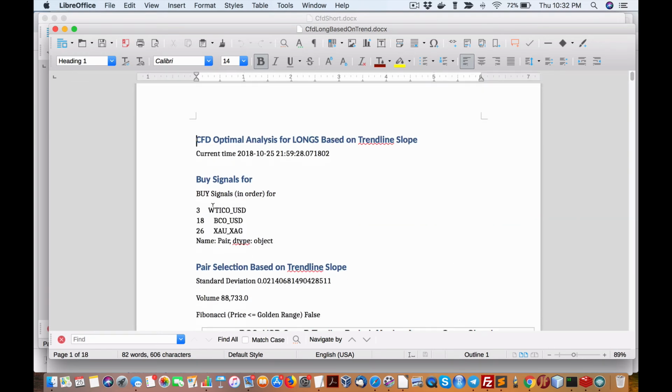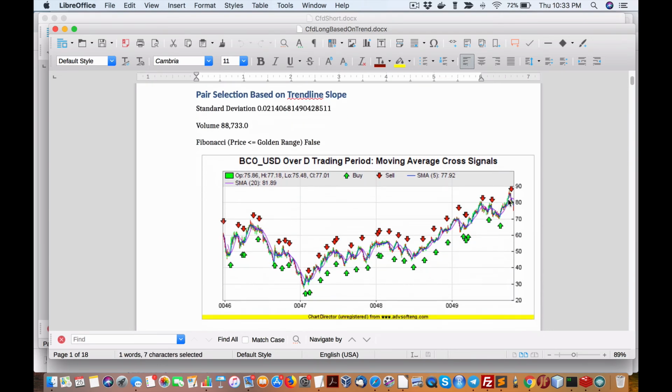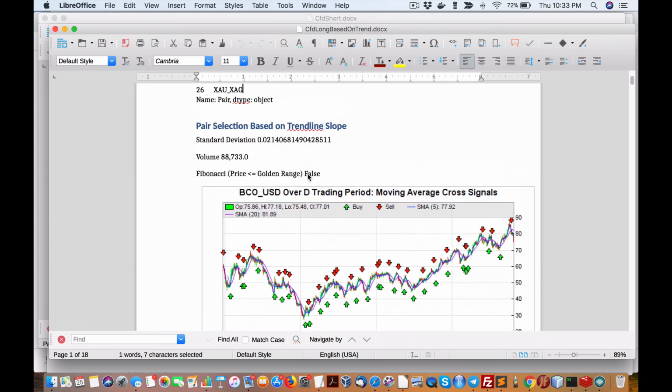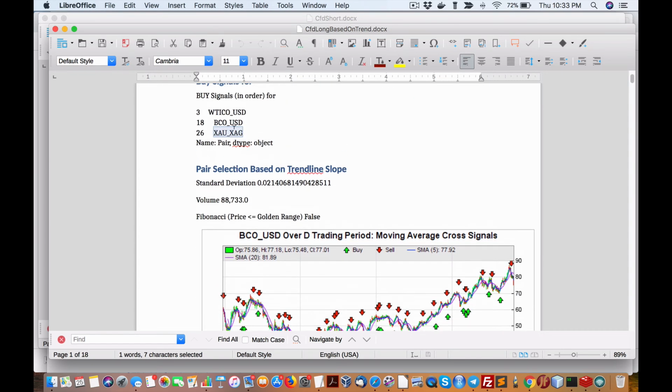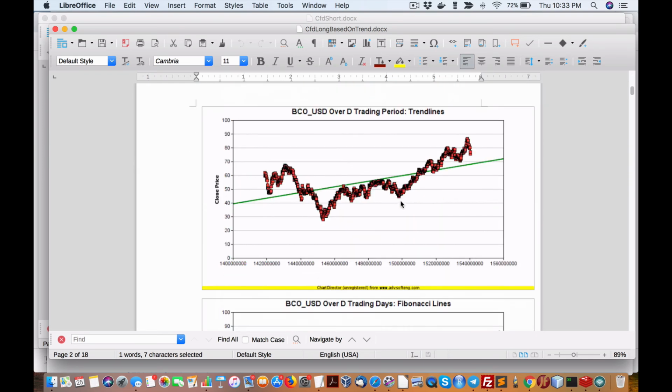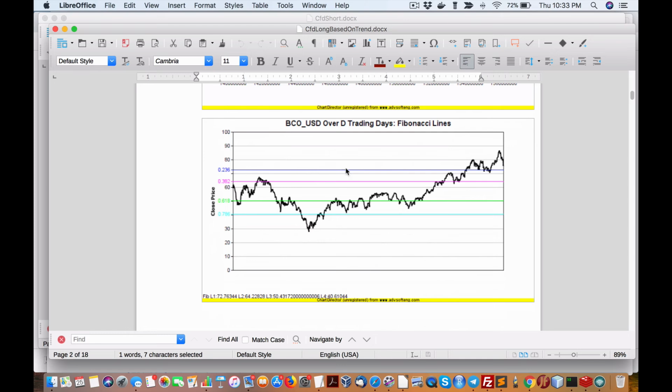It's a long West Texas WTI oil, Brent crude oil, and that ratio of gold to silver again. So right here, this is Brent crude. So it's sloping up. It's above trend there, which is good. Here it's overvalued. That's kind of like what the Fibonacci is saying.